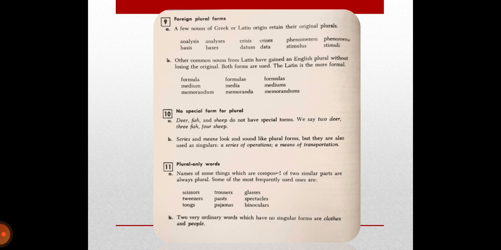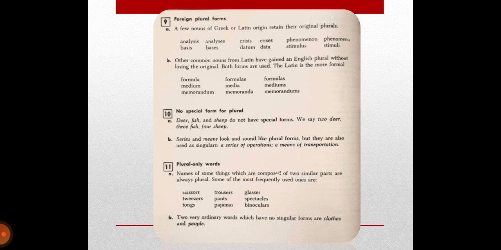Some words are far from being simply countable or uncountable. They have specific forms. For example, foreign plural forms. A few nouns are taken from Greek or Latin. They also have their plural forms from Greek and Latin, as in analysis, crisis, phenomena, basis, datum, stimulus.